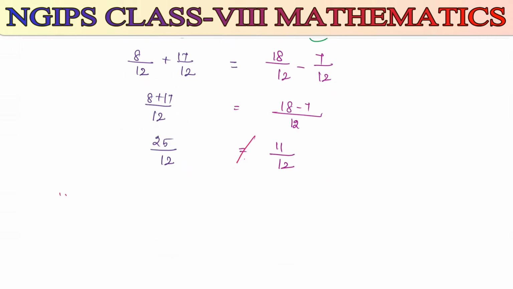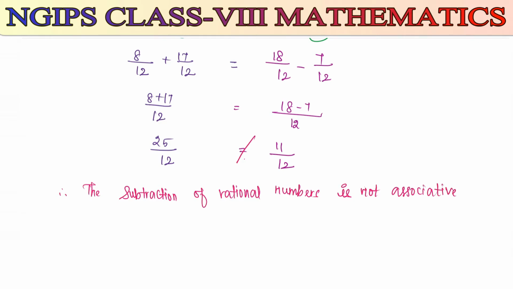So already we have discussed in the beginning, the subtraction of rational numbers is not associative. Okay, now we'll move to the next property.